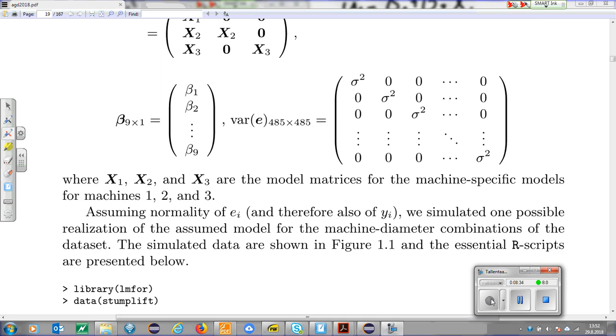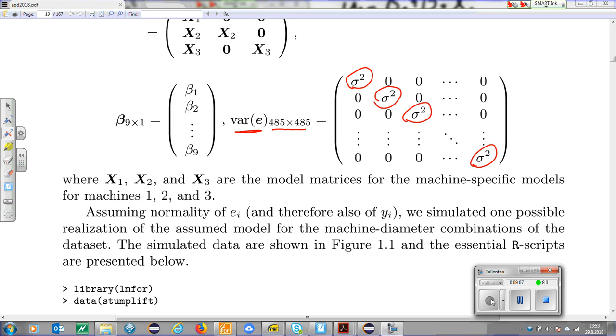And the vector of regression coefficients is the same as before, even in this matrix formulation, and then the variance covariance matrix of E is a 485 by 485 matrix. It's a very big matrix, and here this sigma squared says that the variance of the first observation of the data is sigma squared. This says that the variance of the second observation in the data is sigma squared. This says that the variance of the third observation of the data is sigma squared, and also that of the last observation is sigma squared.